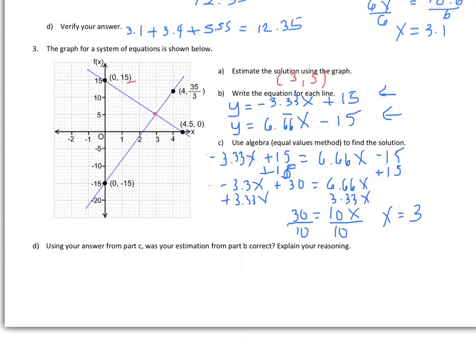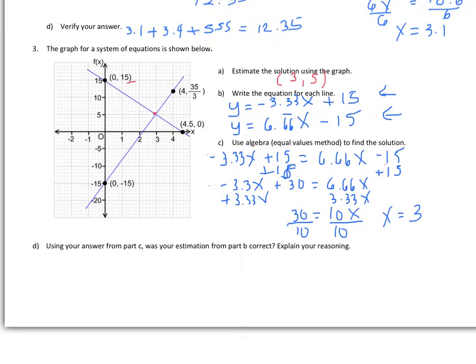Now, to solve for y, I just plug it into one of these. So, for instance, 6.66x times 3 is 20.5... 0, 0, 0, 1.